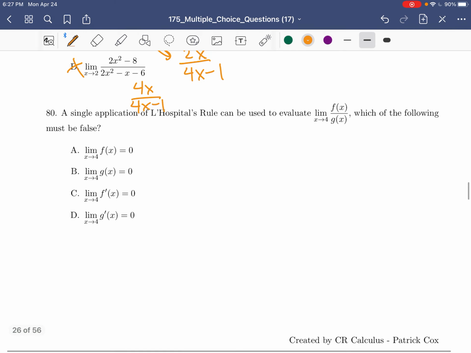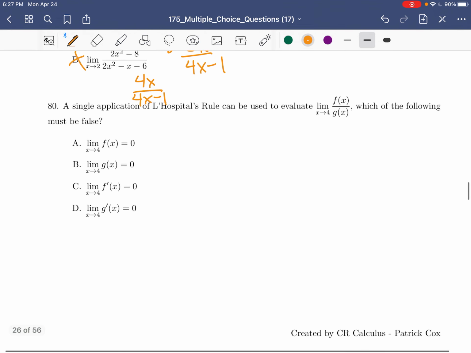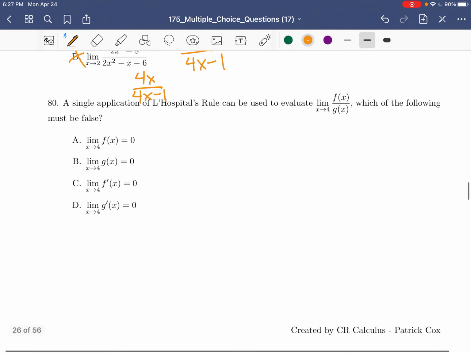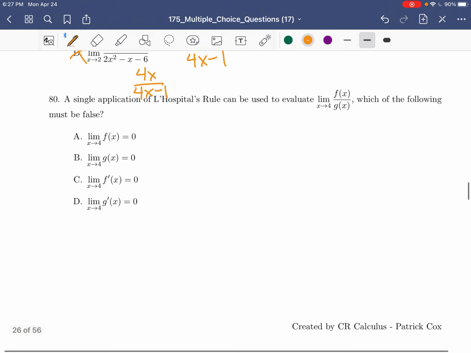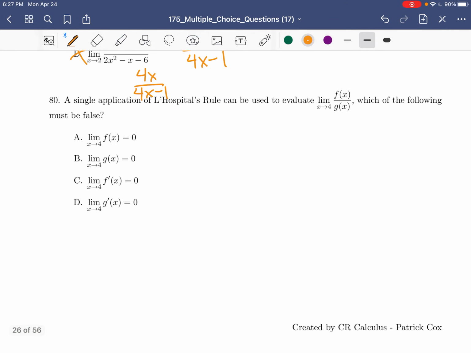Okay, a single application of L'Hopital's can be used to evaluate which of the following must be false. So if we look at this, we know that both A and B have to be true, because in order to use L'Hopital's, you have to end up with 0 over 0.